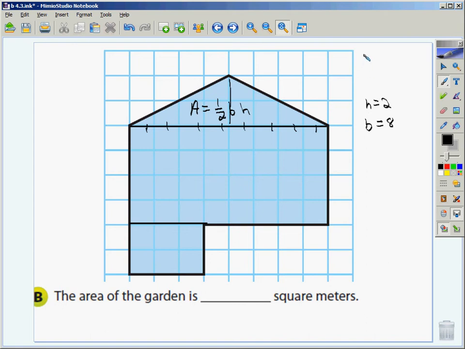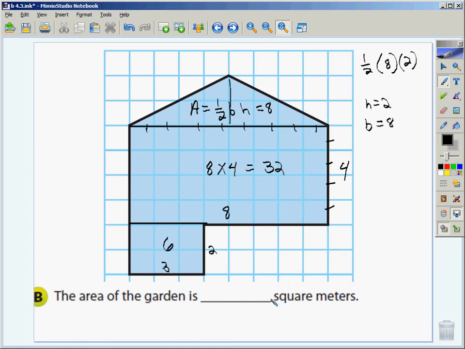So, on the triangle, if I take 1/2 of the base 8 times 2, the area is going to be 8. Everybody with me? On the rectangle, since we already counted this, this is 8. This is 1, 2, 3, 4. This would be 8 by 4, which is 32. This one is 3 by 2, which is 6.